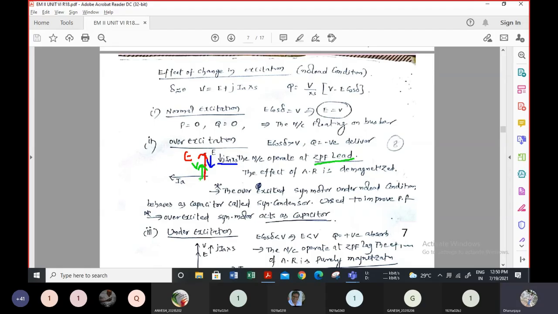This is the phasor diagram, and with respect to this, the current is ahead. That is the reason it is ZPF lead. And what is the type of armature reaction here? It is demagnetization.